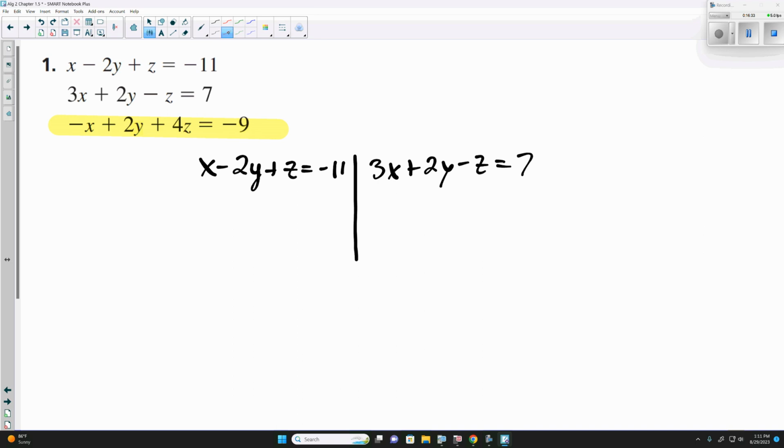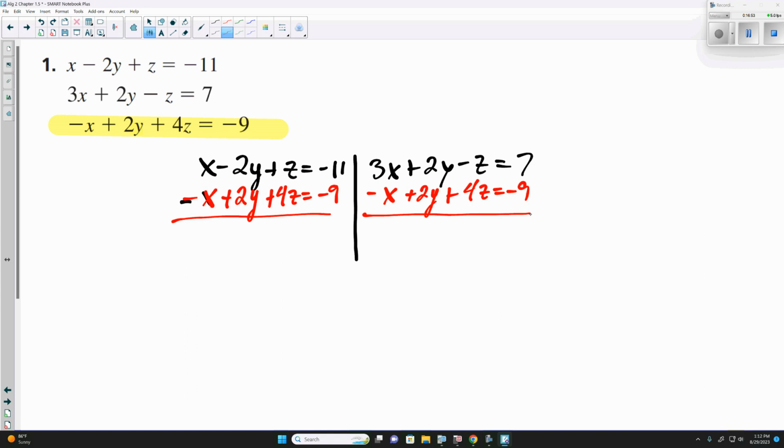And since the Y values are already the same, we can go on and just fill them in. Any questions on this before we eliminate a variable out? Okay.